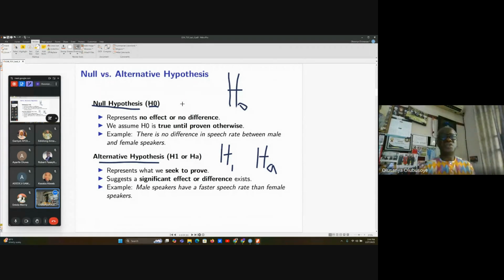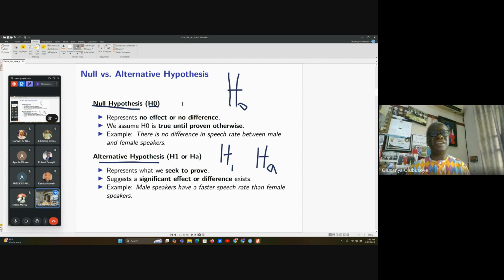But what is the null hypothesis? It is usually the hypothesis that is saying there is no effect or there is no difference. It is the hypothesis that we consider to be true until we are able to prove otherwise. So it's usually what we know about that thing, or what has already been settled in the literature.